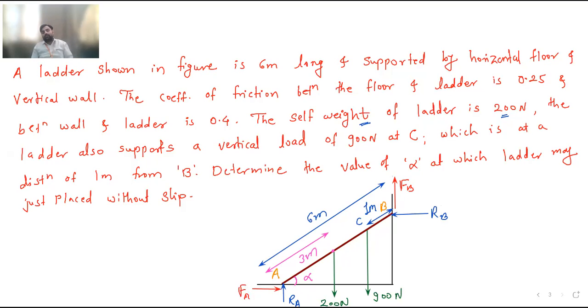Now think on this and tell me how to solve this problem. This mu B is given, 0.4, wall and ladder. And the mu A is 0.25. This is the given data in the numerical.